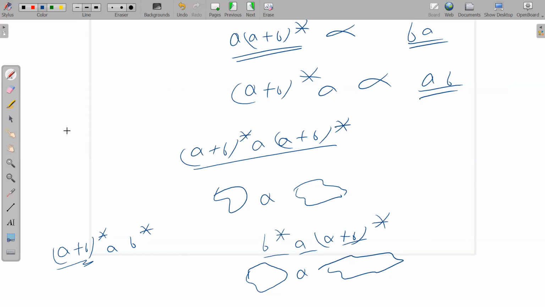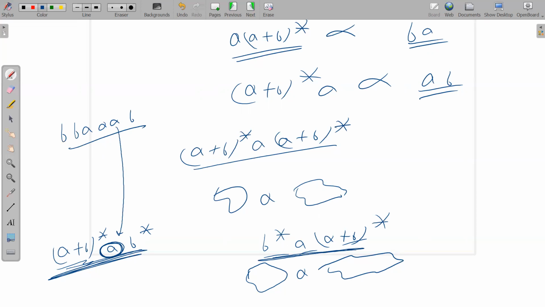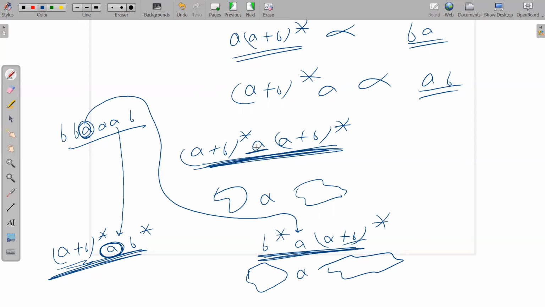Say B B A B. Now this regular expression is saying that this A will be the last A. And this regular expression is saying that this is the first A. And this one is saying nothing at all; this A can be any A.